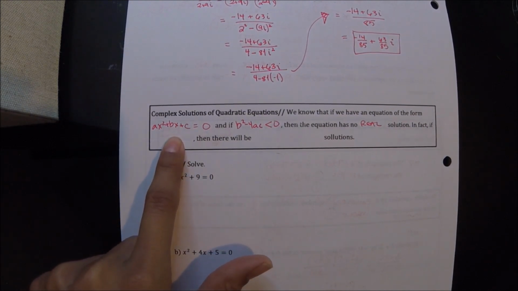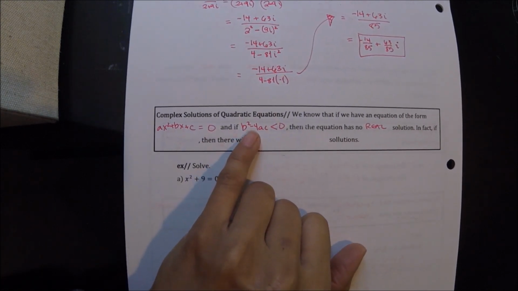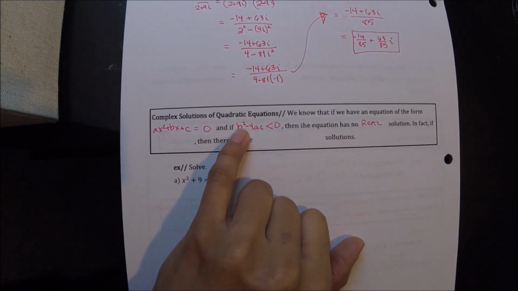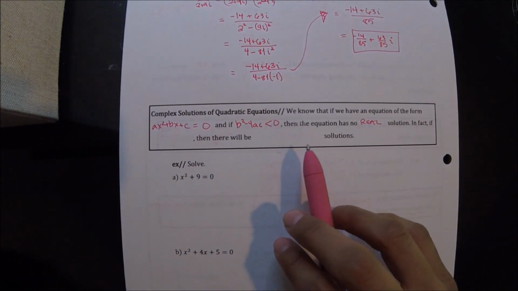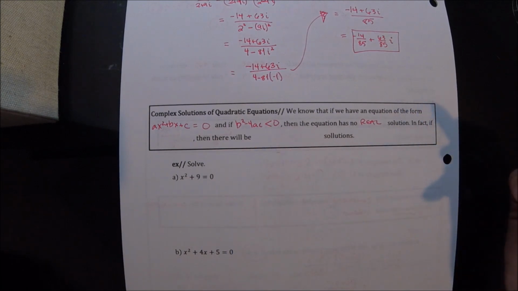This came from when we would use the quadratic formula to solve this. There's a portion of the quadratic formula under the root that's b squared minus 4ac, and that was called the discriminant. And if that was less than 0, we just wrote there's no real solution.